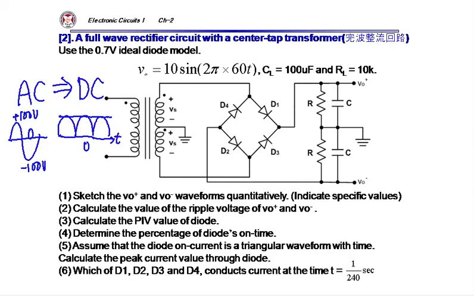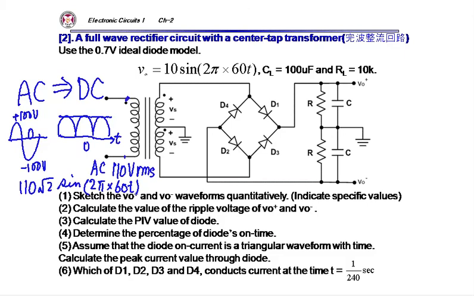For the AC voltage, I have AC 110 RMS here. This is RMS. It means 110 square root 2 sine 2 pi 60 hertz. This voltage is supplied from the power station.